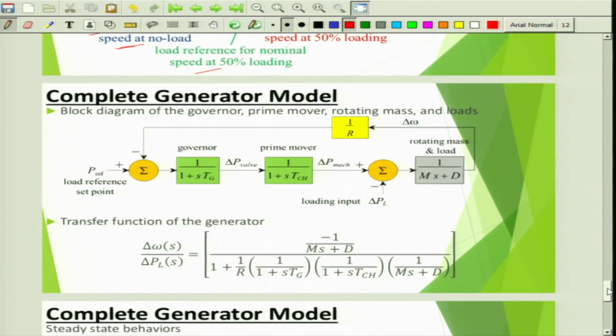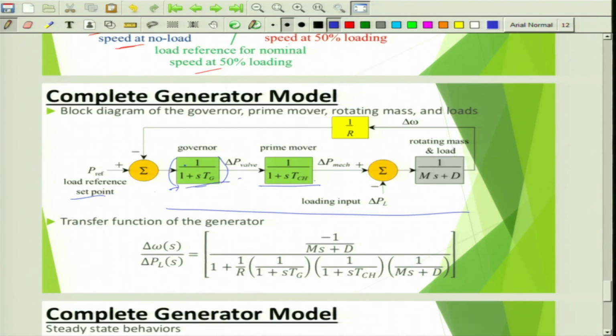So this is the overall block diagram. You can see here, this is a P reference, this is a load reference set point, and then there is a governor. First thing that will come is governor. From governor, this valve is adjusted such that the prime mover is rotated, and at individual level there is a different control transfer function that is being added.